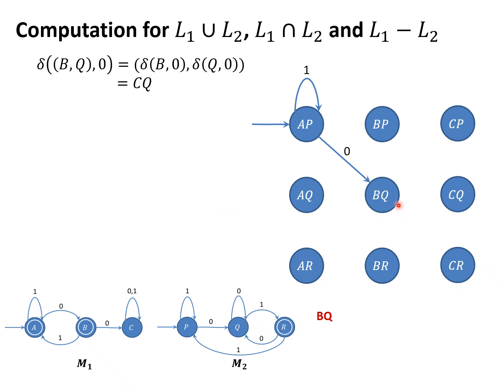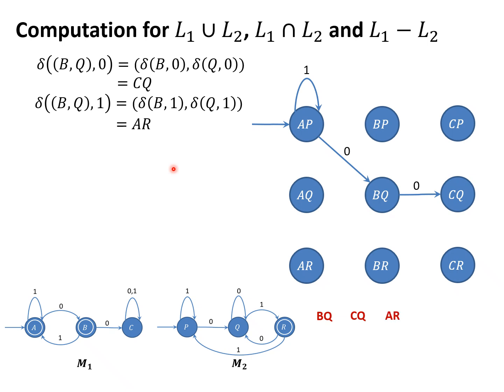So BQ on 0 will go to CQ. Similarly on 1, BQ will go to AR. Okay, so BQ is over.